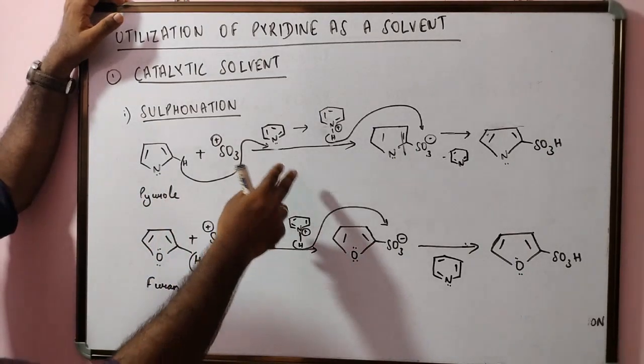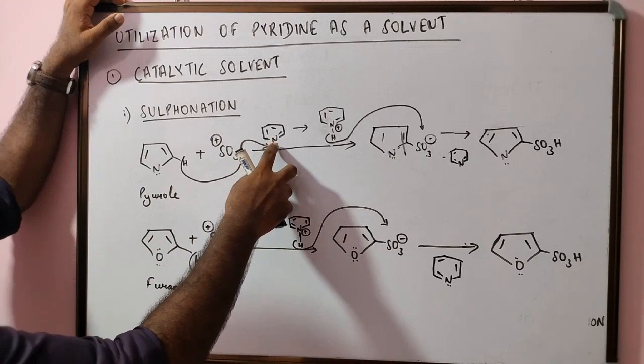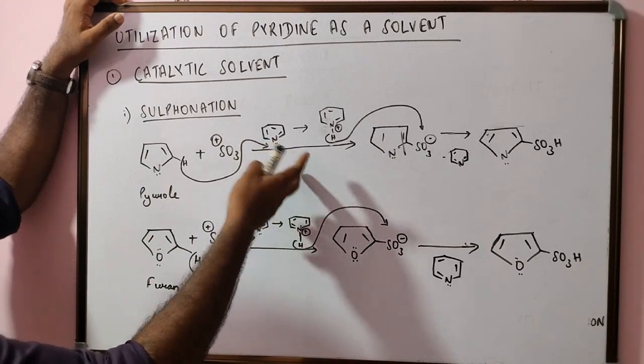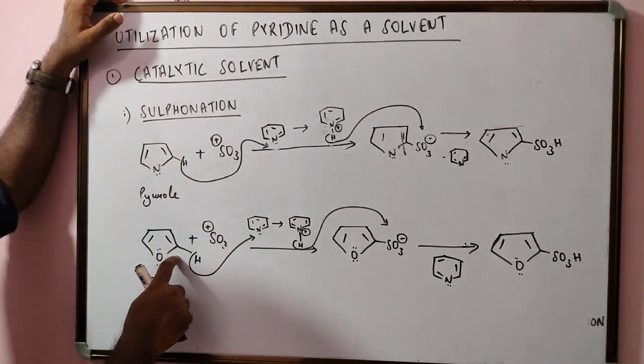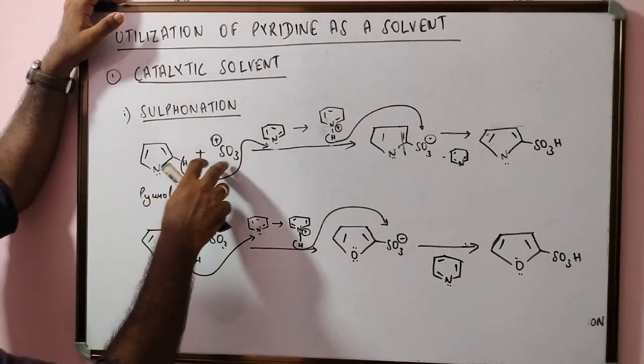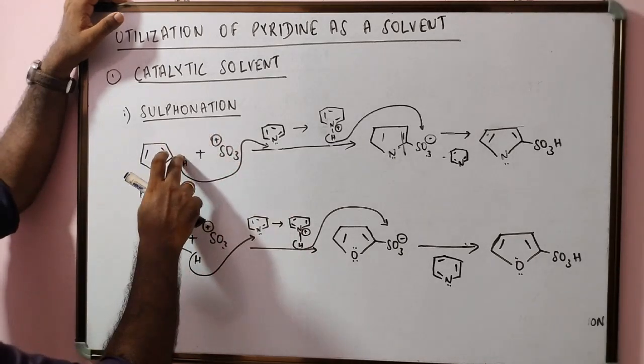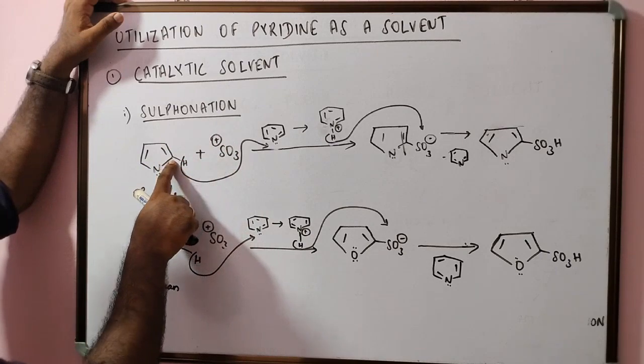While it forms the bond with the nitrogen, on the other end, what results here is a development of negative charge on the adjacent carbon atom. It is at this negatively charged carbon atom that the electrophile attacks in the second step.